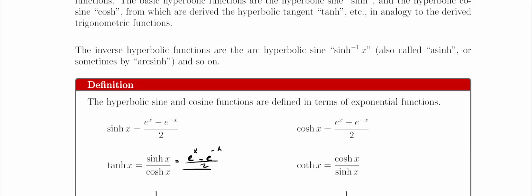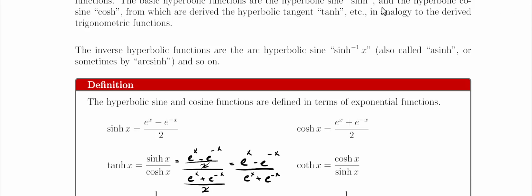Once we divide this by the hyperbolic cosine, e to the x plus e to the negative x divided by 2, we can cancel the division by 2, and we're left with the hyperbolic tangent in terms of only exponential functions: e to the x minus e to the negative x divided by e to the x plus e to the negative x.